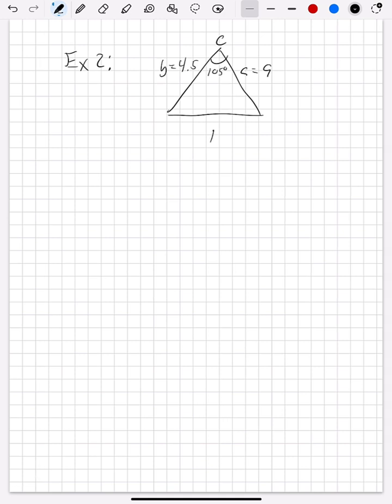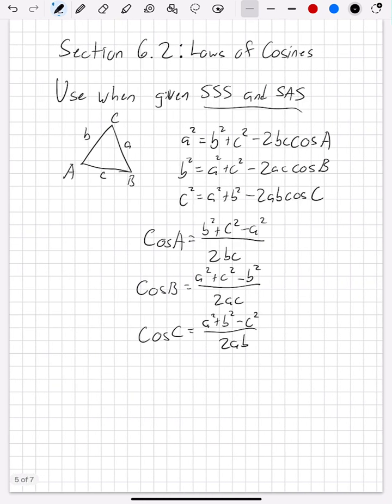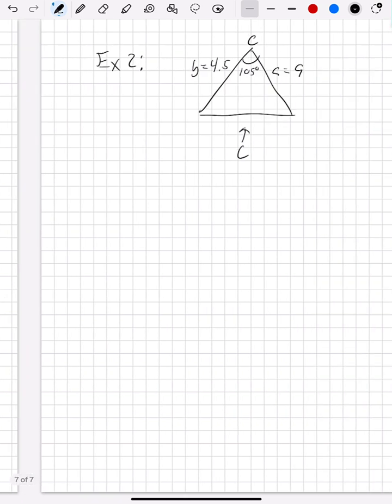My goal is to find side C, the side opposite angle C. Referencing back to that list, now I'm finding side lengths, so I'm going to use one of these up here. Since I'm finding C, I'll say that C squared is equal to A squared plus B squared, and so on.